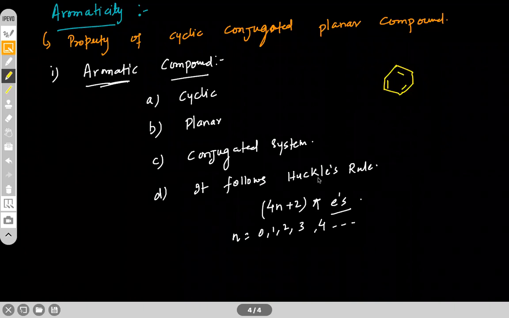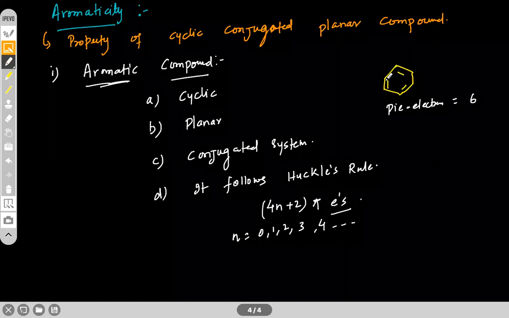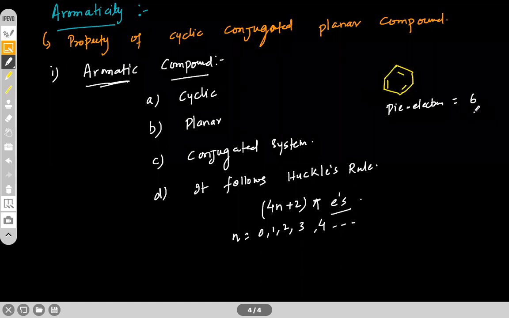Follows Huckel's rule. So to check Huckel's rule, you need to count the number of pi electrons. How many pi electrons do we have in this? The number of pi electrons is 6, because we have 3 pi bonds and 1 pi bond has 2 electrons, right? So we have 6 electrons.